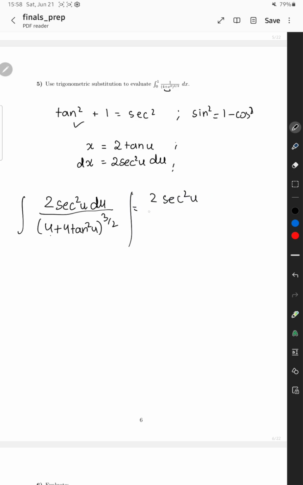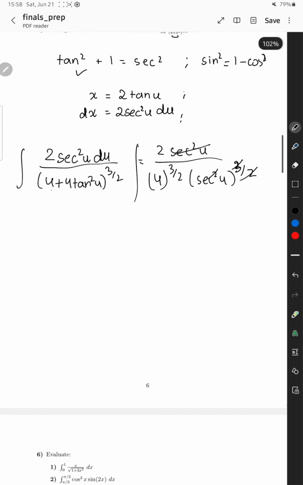So this is just the algebraic part of it. 4 to the 3 by 2, and then you'll have 1 plus tan square u, which is secant square u. So secant square u to the 3 by 2, this 2 cancels this 2, and this 3 cancels, so there's only a secant u left. That's a pretty nice thing.